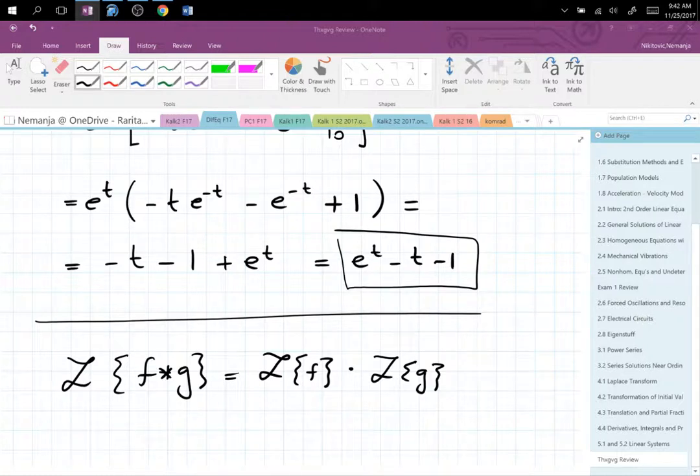Good. So that was convolution. And then we have partition process on the coefficients.